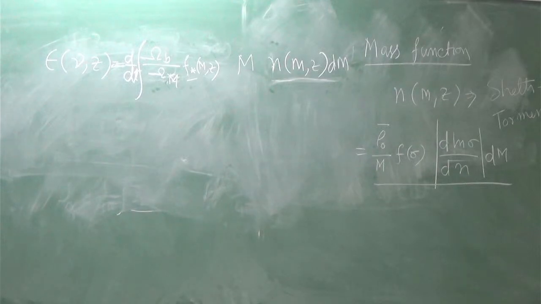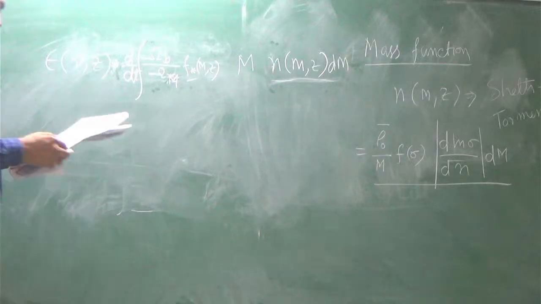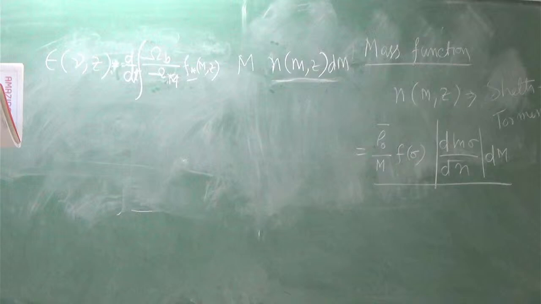Then we need to know the photon distribution. This is the rate of change of stellar mass, but all those stars are emitting photons at different frequencies.